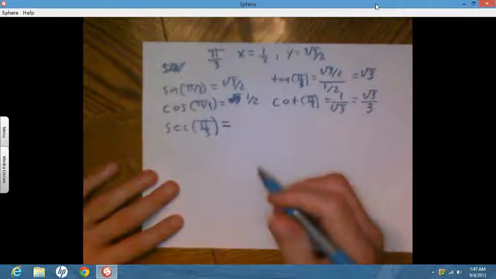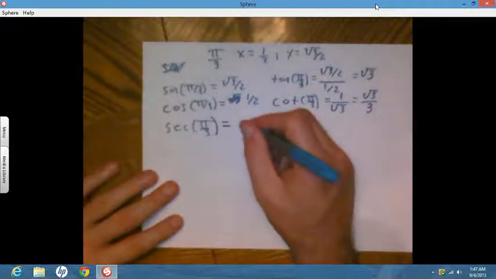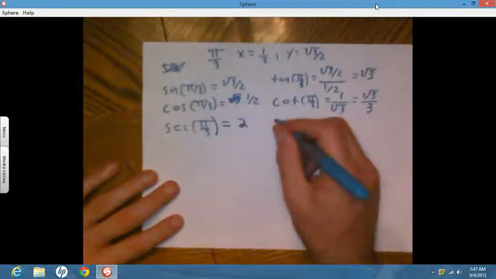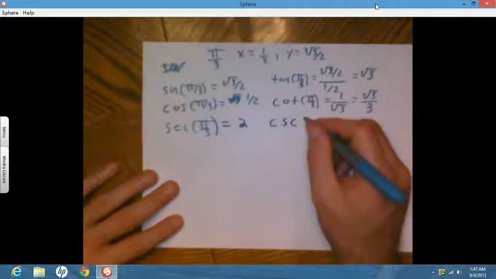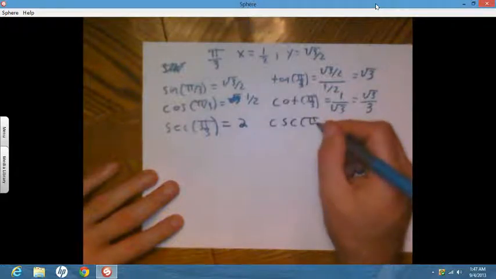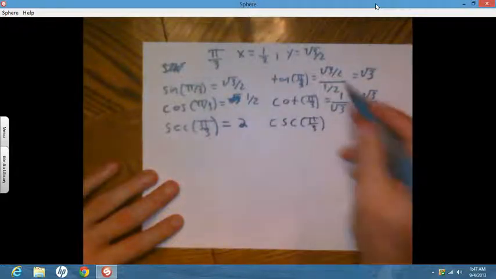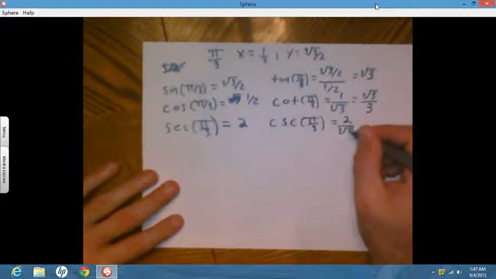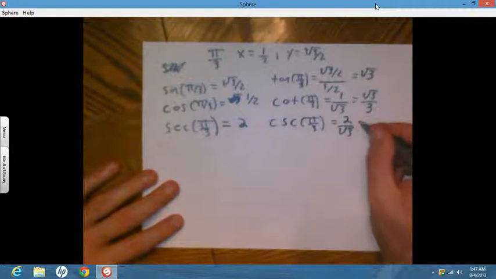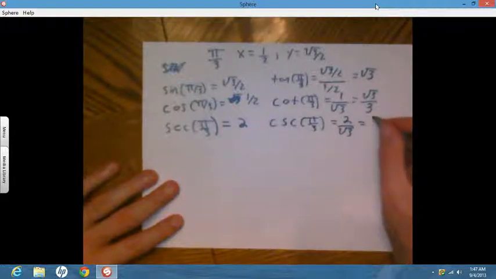So this is going to be equal to 1 over 1/2, which is 2, and the cosecant of pi over 3 is going to be equal to 1 over y. So this is going to be equal to 2 divided by the square root of 3, which is going to be equal to 2 square root of 3 all over 3.